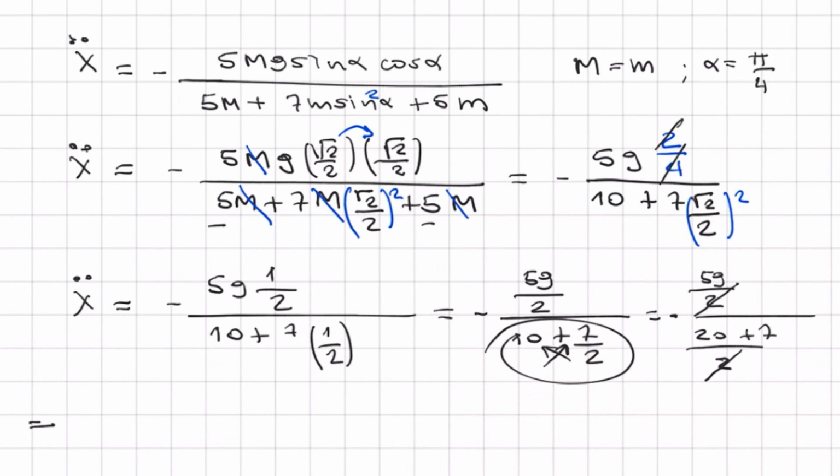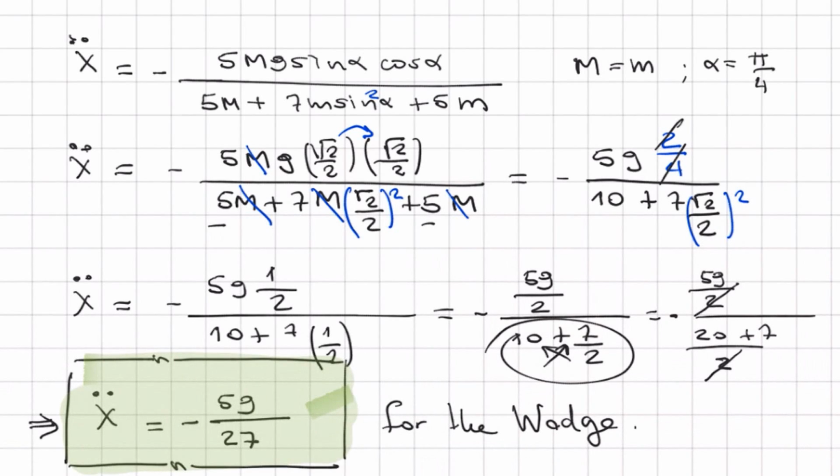Then x2 dots is equal to minus 5g dividing 27, and this is the acceleration of the wedge under the conditions when the mass of the wedge are equal and when alpha is equal to pi quarters. And this is the acceleration of the wedge under the conditions that the problem is giving to us, guys.